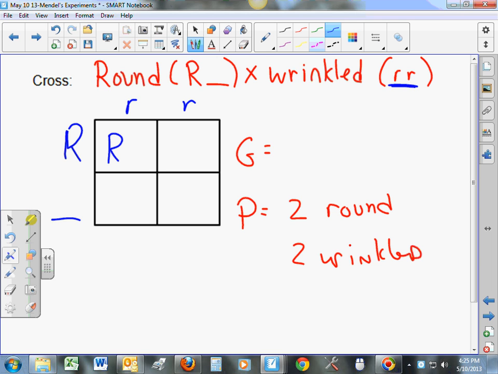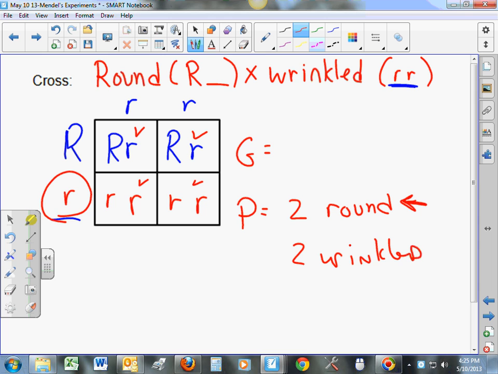Okay, so I'll do the top part. So this would be round and round, okay? So I'm good there. Got my two round. How do I get two wrinkled here? What does this have to be? Well, it has to be the recessive form of the trait to give me the two wrinkled. So I've got two genotypes, and I've got two phenotypes. It's a 50% chance for each.